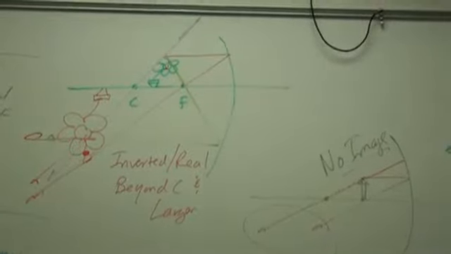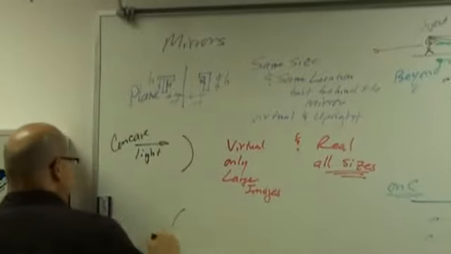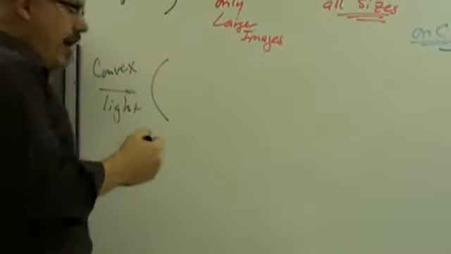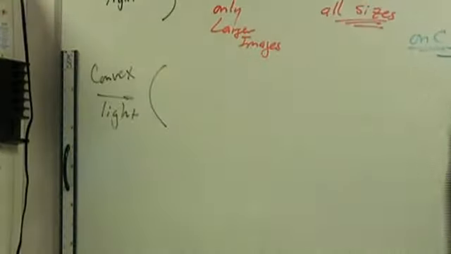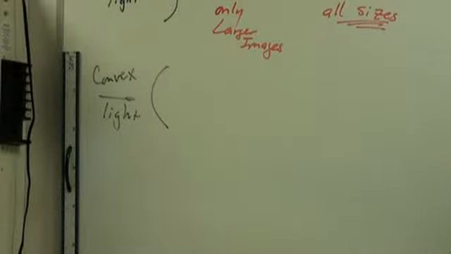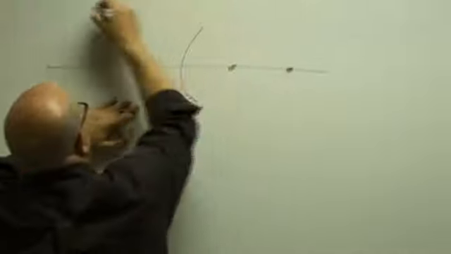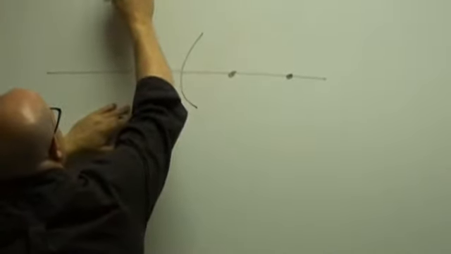Concave. Let's do convex. All right, find the convex mirror on your handout. Okay, ready? On your first one. I'll tell you why it's called a diverging optical device in a minute. This is called a convex mirror with light coming from the left.